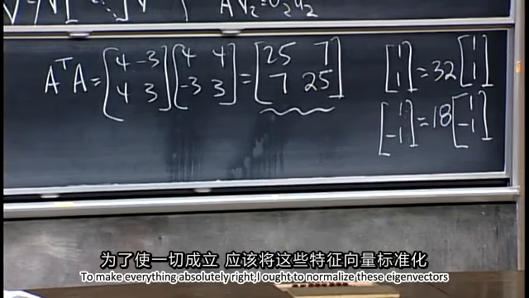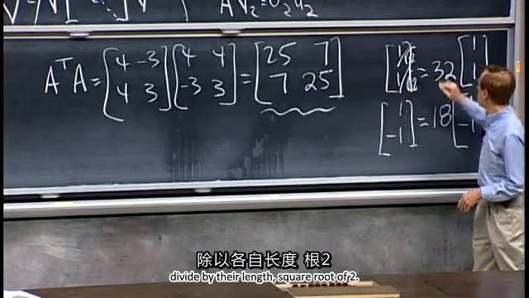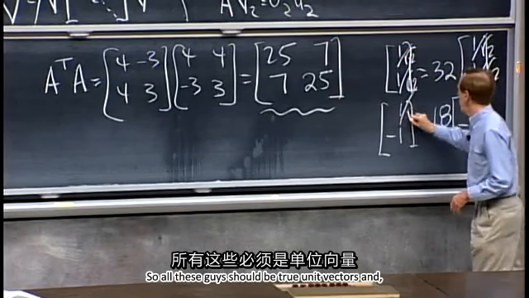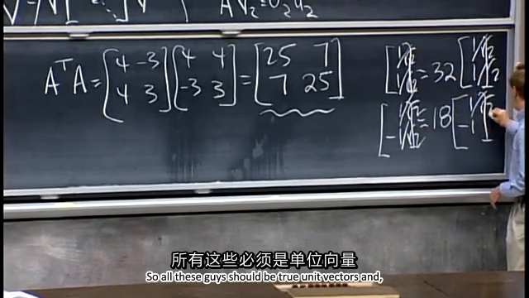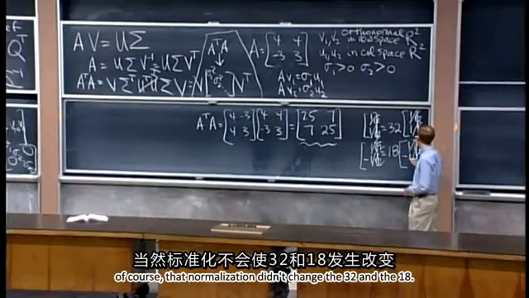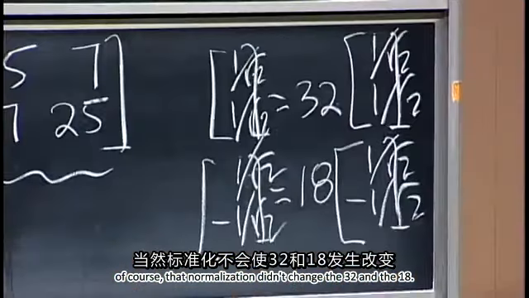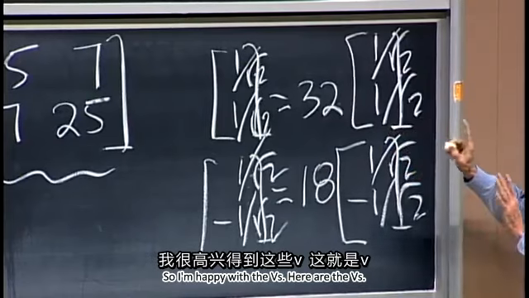To make everything absolutely right, I ought to normalize these eigenvectors, divide by their length, square root of 2. So all these guys should be true unit vectors. And, of course, that normalization didn't change the 32 and the 18. Okay, so I'm happy with the V's.